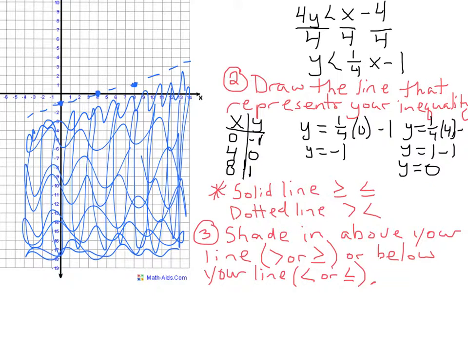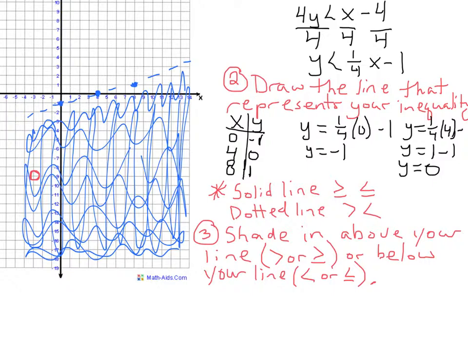So any point, if you take any point that's shaded in, any point down here, right? So I could take the point, I don't know, -3 and 9. That's this point right here. If I plug -3, 9 into my inequality, it would be true. It would work. If you look at it, -3 is my x and 9 is my y. -9, sorry.